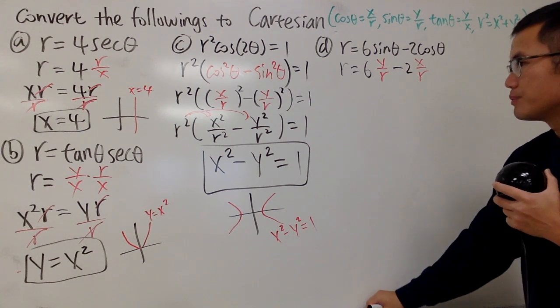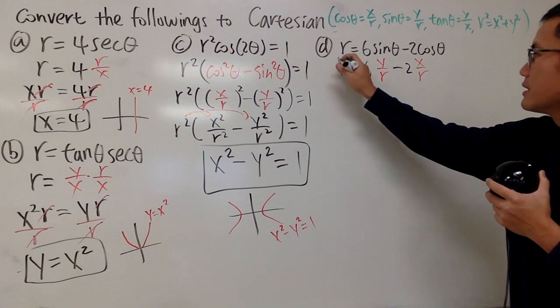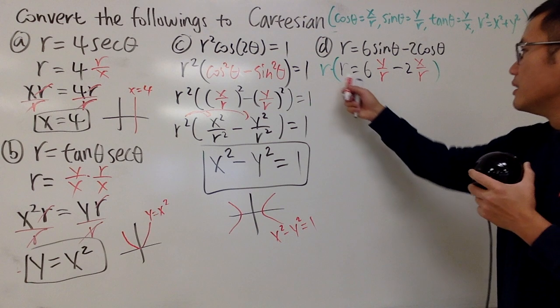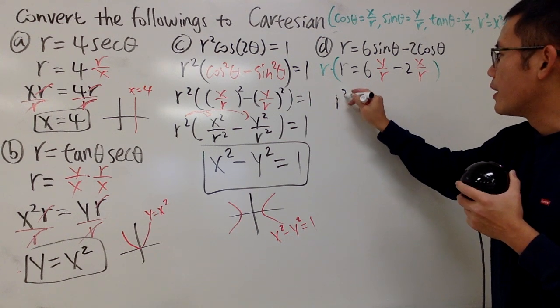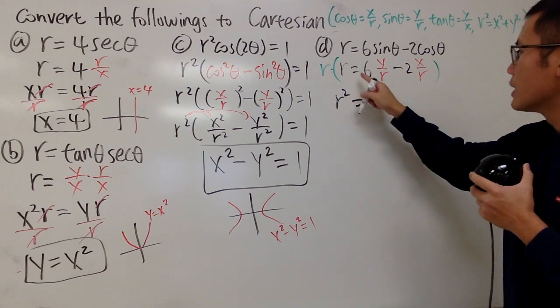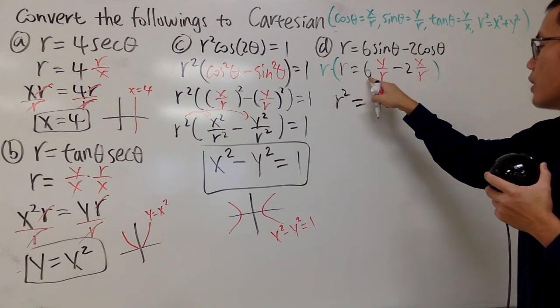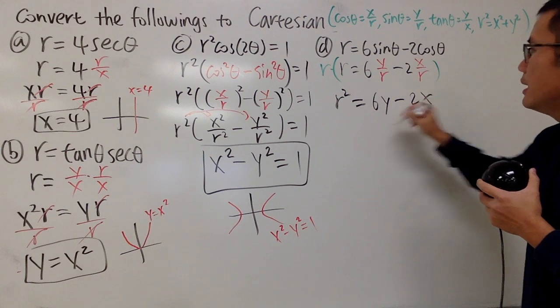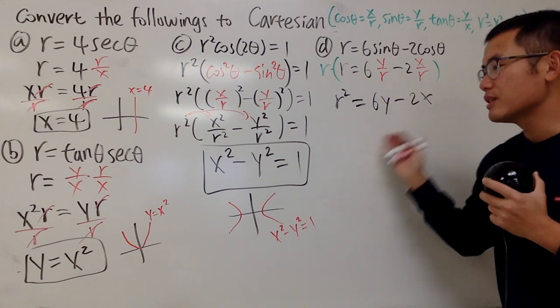So let me just put it down in green, so I'll make this slightly more clear for you guys. As we can see, on the left-hand side, we end up with r squared. And that will give us, this times that will cancel, so we have just 6y minus 2x only, right? So that's what we have.